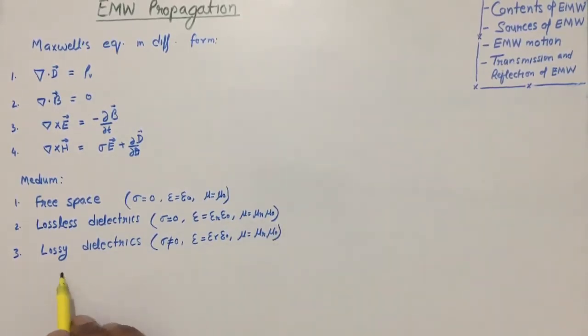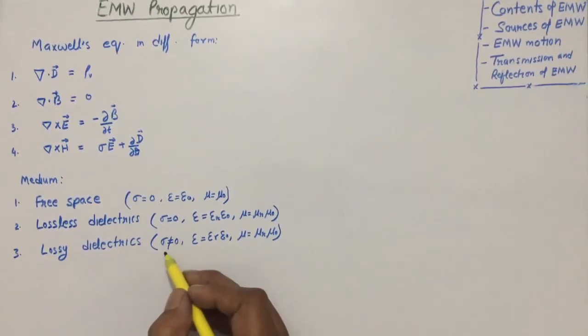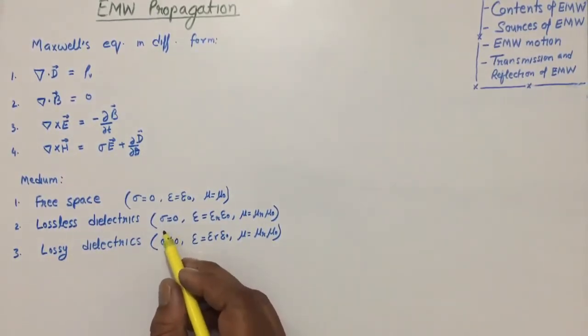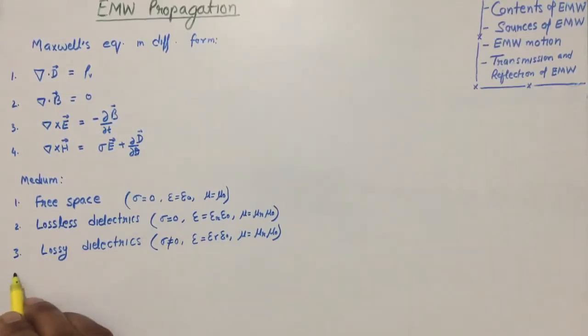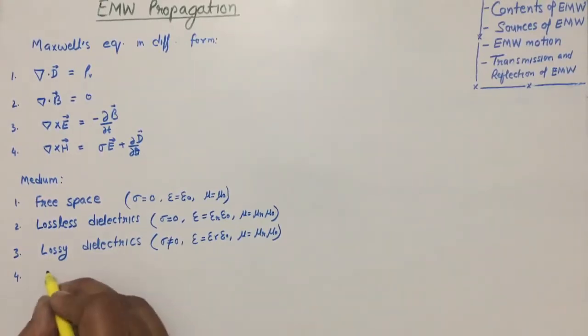So in the case of lossy, the change occurs at this point. Now the conductivity is not equal to 0. And the fourth medium that we are going to discuss is good conductor.